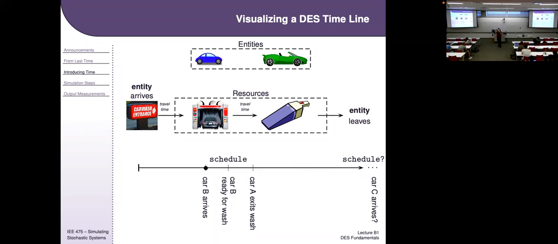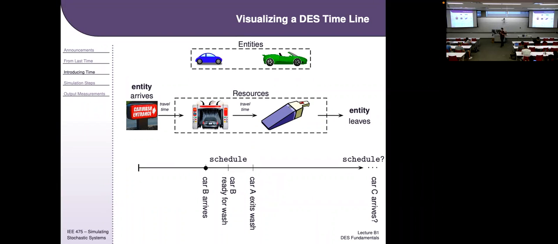All the computer is going to know how to do is one step at a time. And we're going to get complex systems that have parallel processes coming into them, where it will not be so obvious. Here, it's pretty obvious that when car A exits the wash, B is going to enter the wash. But there might be some preemptive stuff going on, or other things that happen.